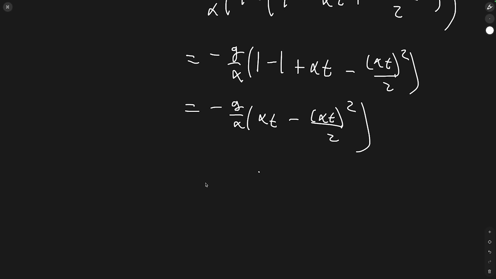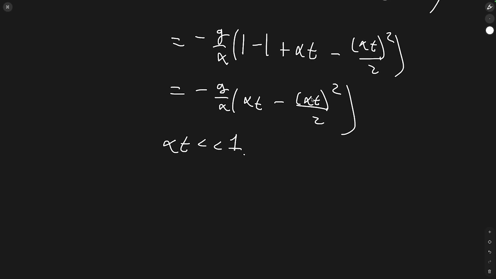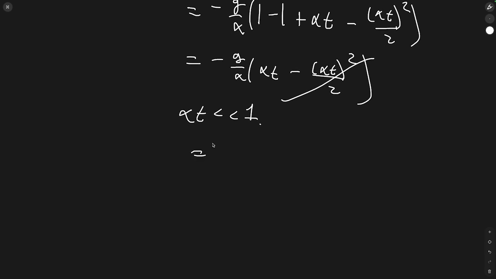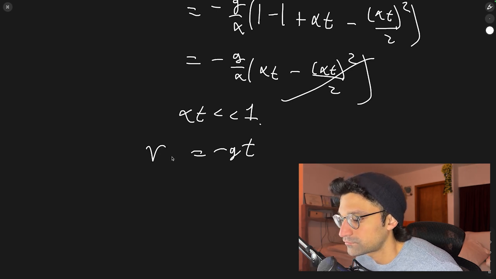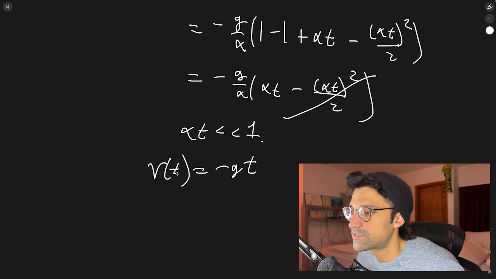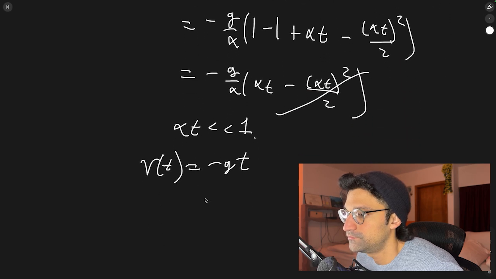Now remember, alpha t is really small, so we don't even have to worry about alpha t squared, it's super small, so we can say that that's 0. And so alpha times alpha, this is just minus gt. Does that seem right? Well, that's what it is in free fall, isn't it?